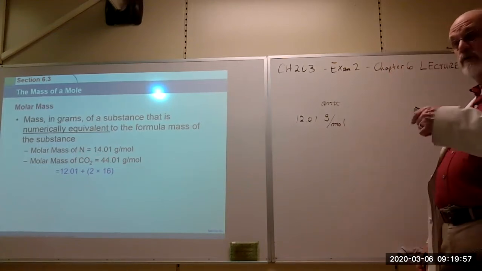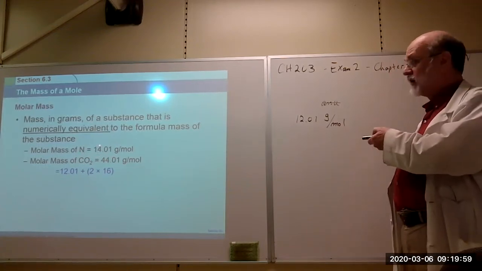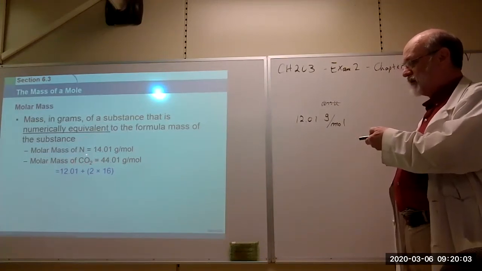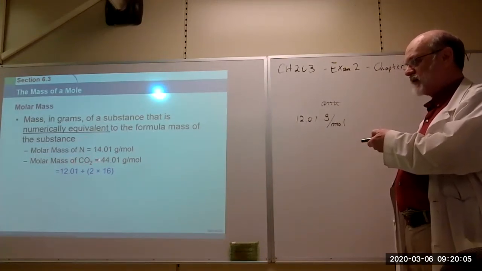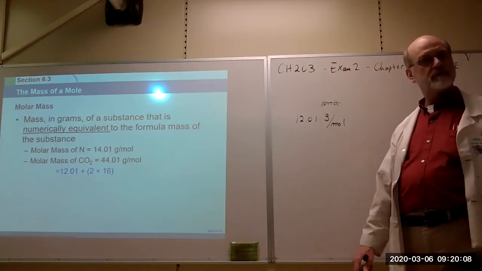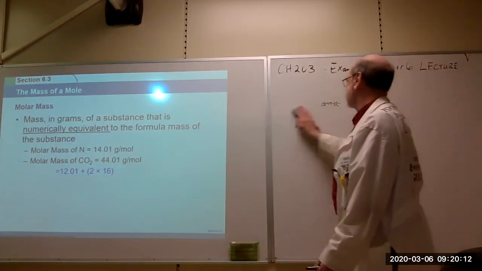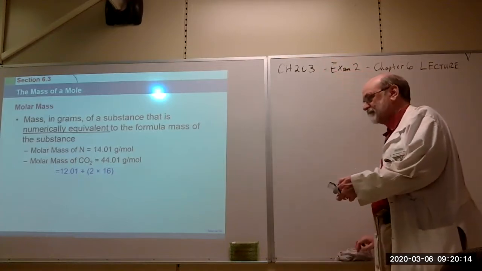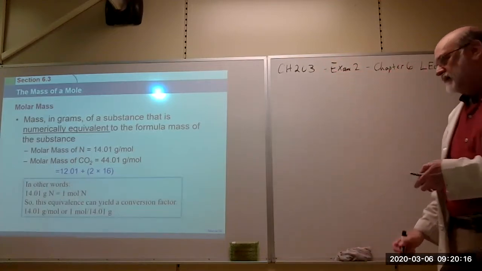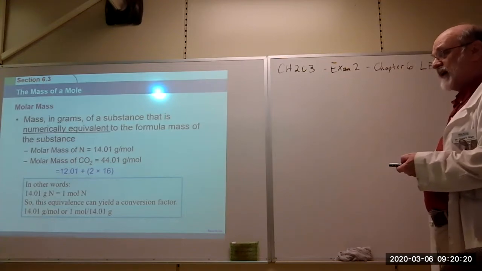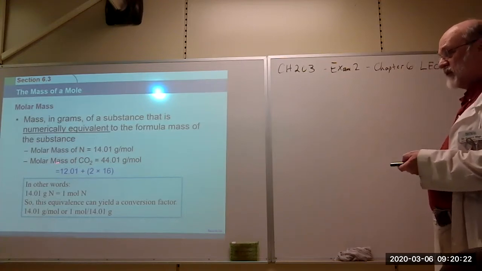So if you have 6.022 times 10 to the 23rd of these molecules, together they will weigh 44 grams. Okay? And there again, you've got a conversion factor. 1 mole of this equals that.